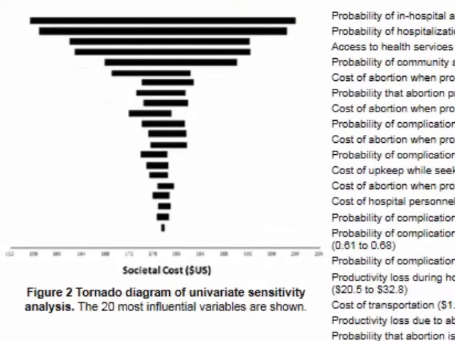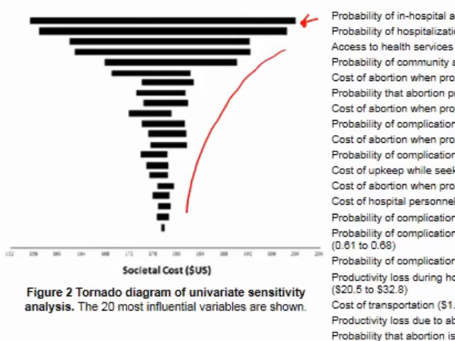The parameter that leads to the biggest change in the outcome is put at the top right here. That's why it's called a tornado diagram, because it's shaped like a tornado, like that. So you start with the one that has the biggest impact on the outcome.